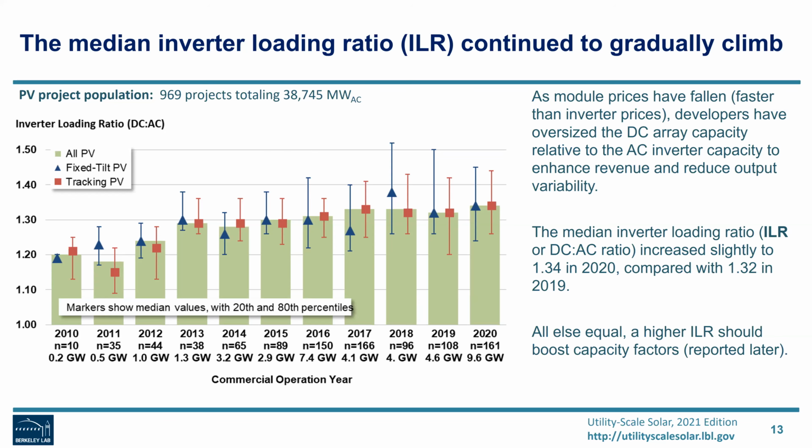In 2020, the DC module capacity was on average about 35% larger than the inverter AC capacity. Again, all else equal, this trend will boost the average project performance that we'll discuss later. It is also the reason why we sometimes distinguish between statistics in this presentation that are either denominated in watt DC or watt AC. Next slide, Mark.